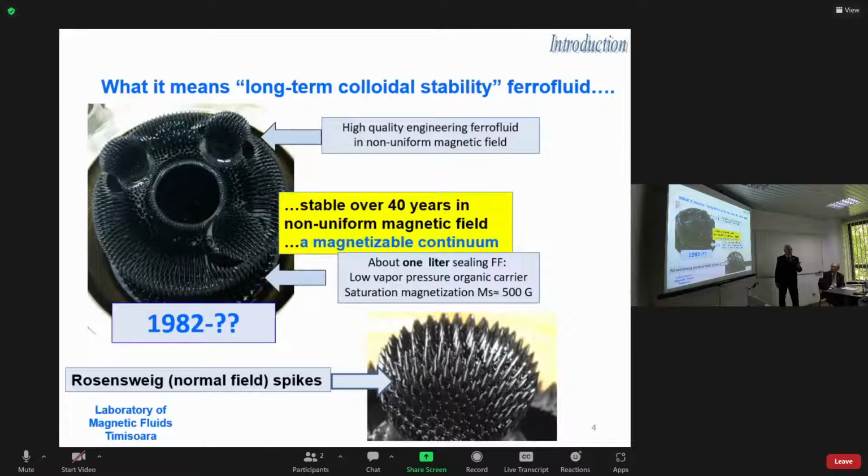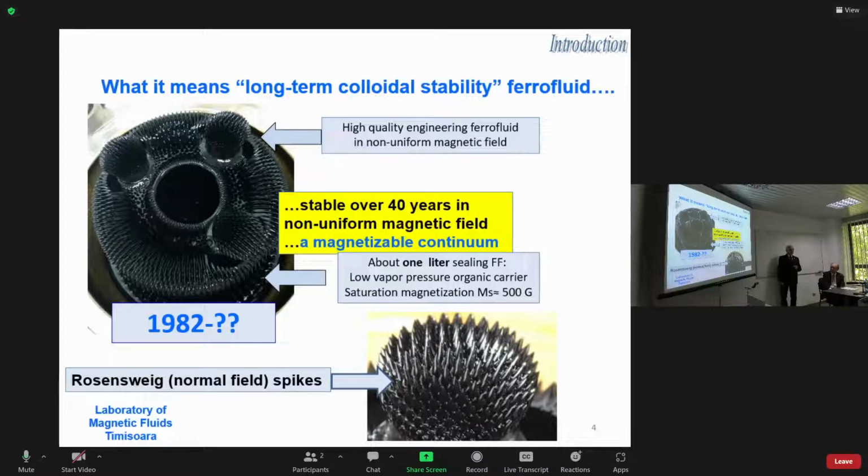Stable. What does it mean, colloidally stable, indefinitely stable? Here is a sample in our lab which is already 40 years old.